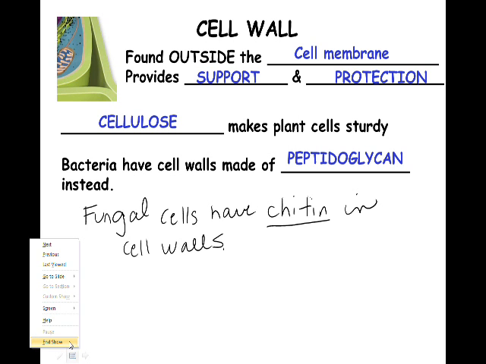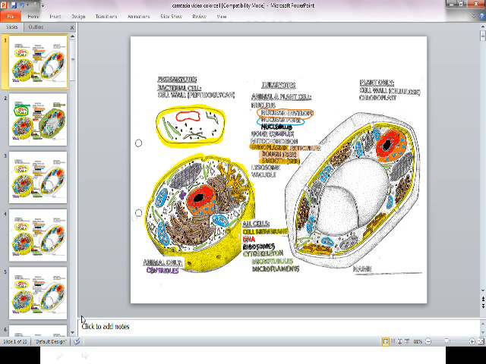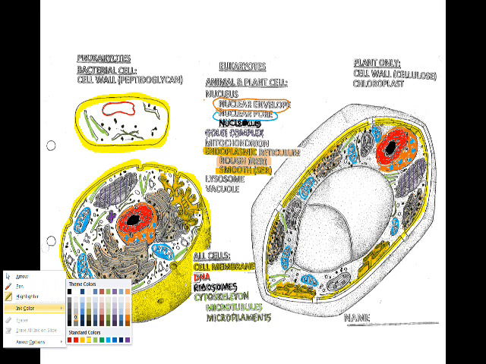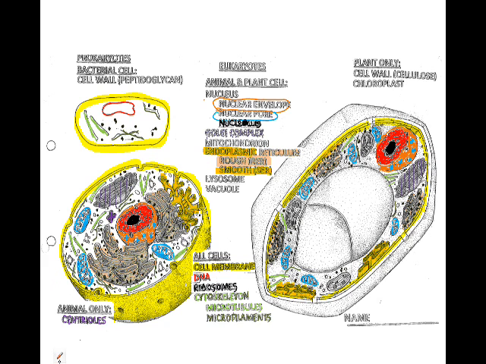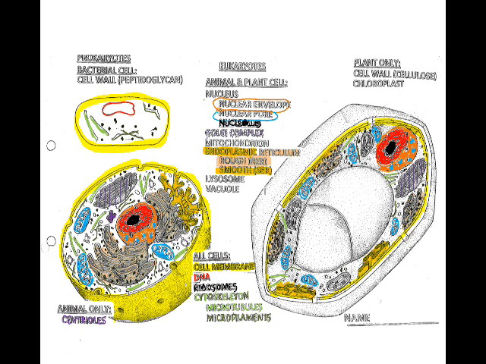Okay, let's take a peek at our slideshow now, the cell picture, and see if we can find our cell wall. I'm going to ask you to pick a color, and I'm going to go with the gray here. And remember this little yellow line that we put on our plant cell is our cell membrane, plasma membrane. Sorry, I'm trying to get colors and talk at the same time.